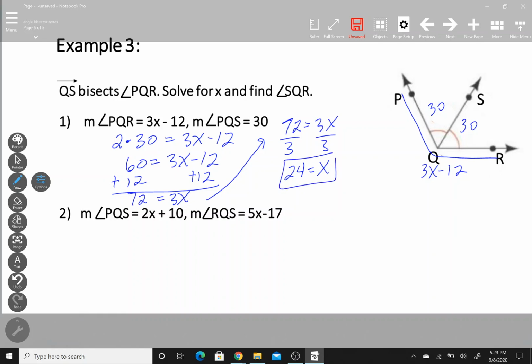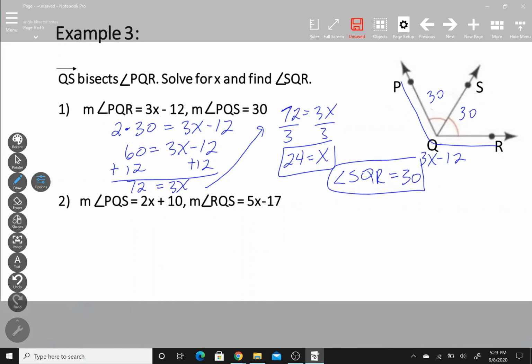Now they ask us to find the measure of angle SQR. Well, we just read it from the diagram. Angle SQR is 30. All right, last one. I'm going to erase the drawing here. Again, just redraw the figure on your paper.